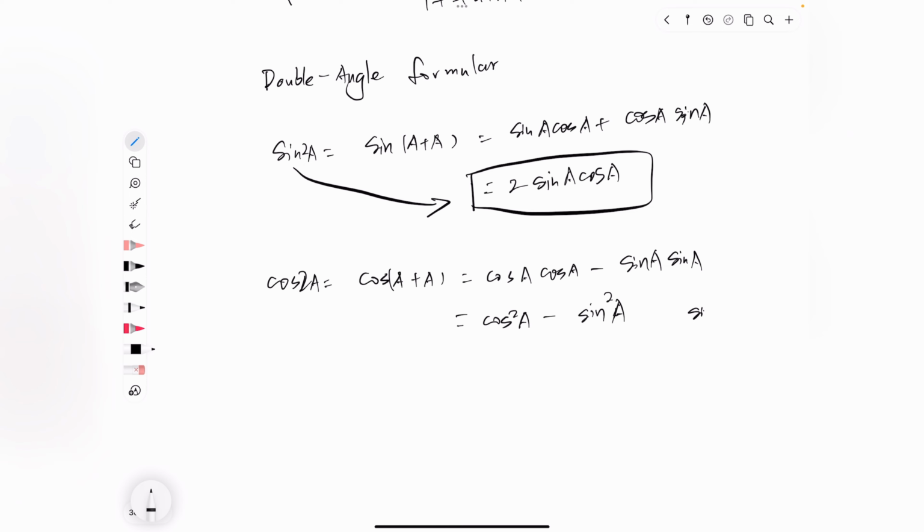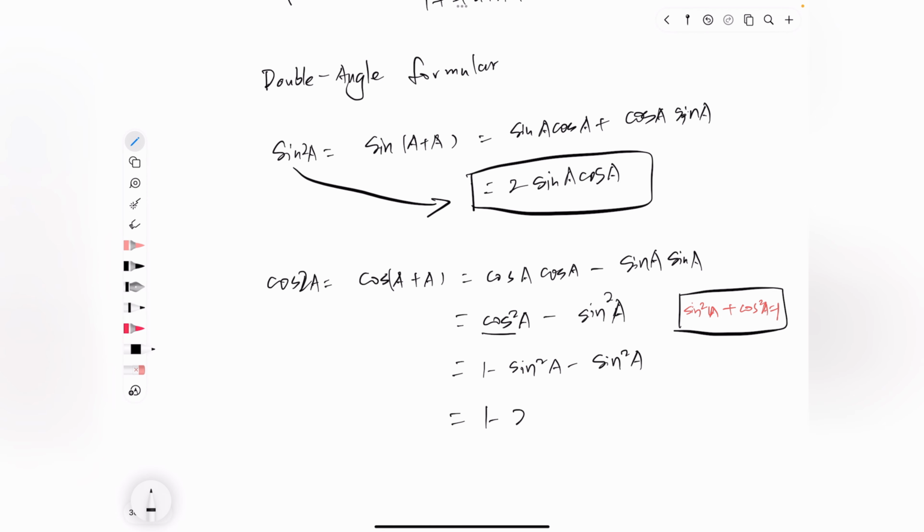And if we have sine square A plus cosine square A equals 1, from there we can just replace cosine square with 1 minus sine square, minus the sine square A again.